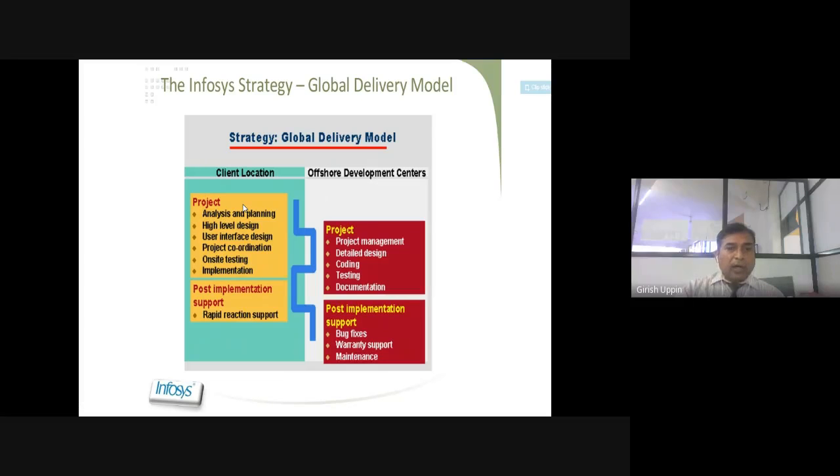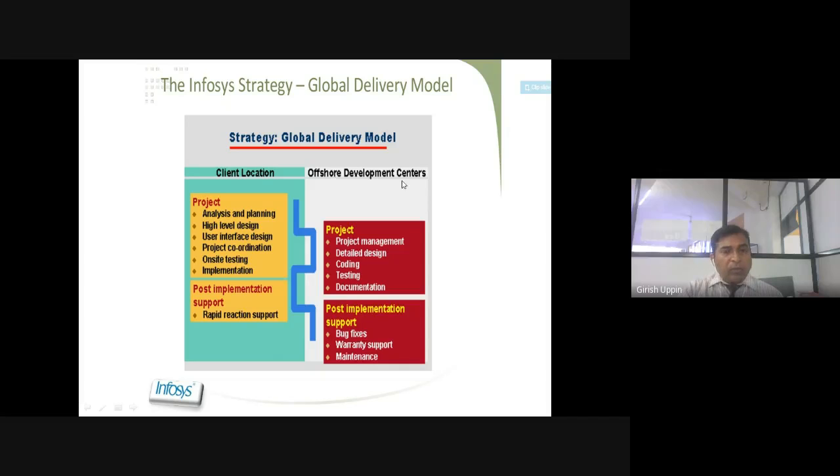So this is the strategy, global delivery model. Whenever they have any project, this is the strategy they use at client location. At the place of the client, they do the analysis and planning, high level design, user interface design, project coordination, on-site testing, and implementation. And post implementation, from client location, they do the support.